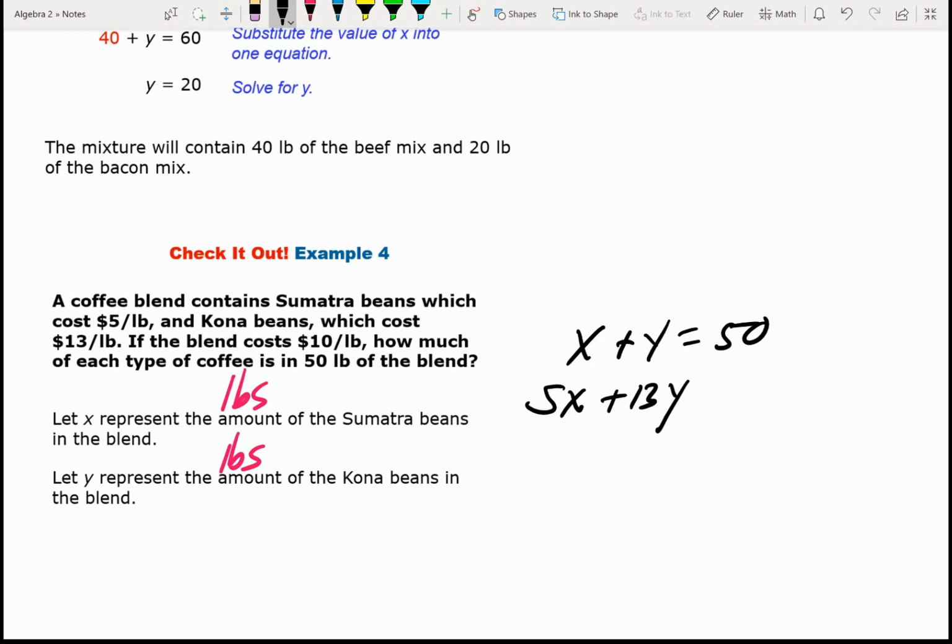And the blend costs $10 per pound, so how much of each type of coffee is in 50 pounds of the blend? It costs $10 per pound, so this is the total cost here.